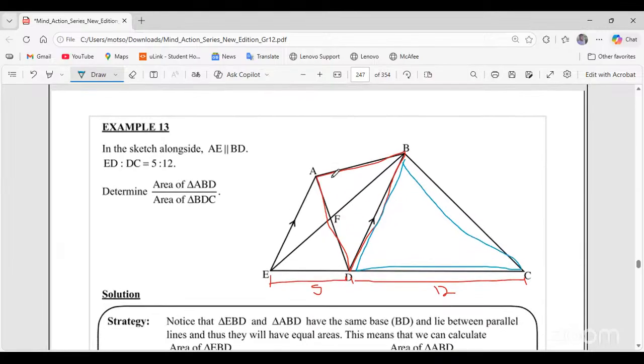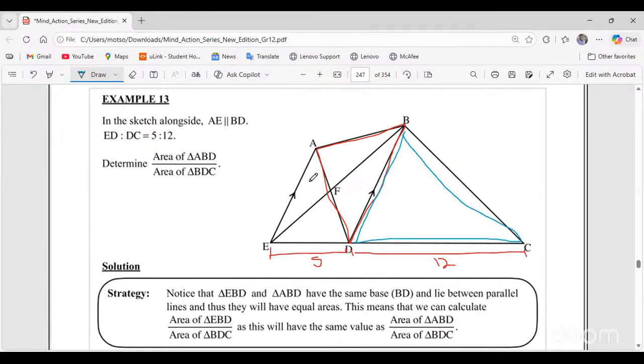Now they are saying notice that the triangle EBD, where is EBD? EBD is this one, and the triangle ABD have the same base BD. This is the base that they share. They lie between parallel lines, and thus they will have the same area.